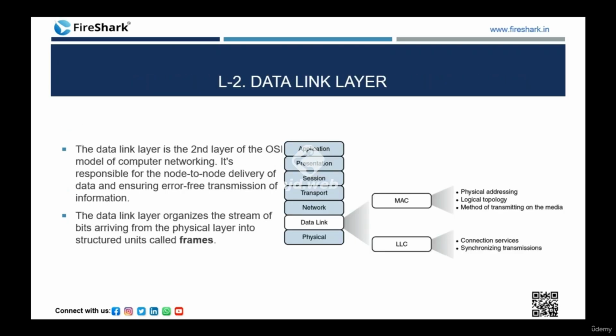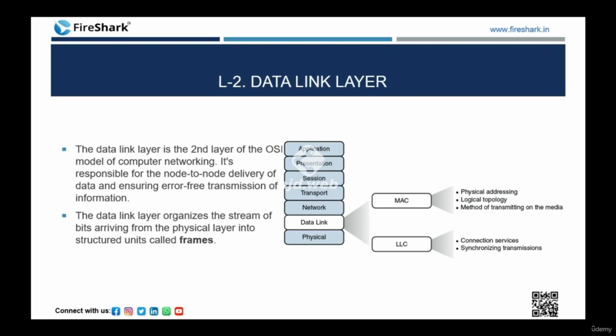Okay, now the next one is the data link layer. This is the second layer of the network model. It's responsible for node-to-node delivery of data and ensuring error-free transmission of information. In this layer there are two sublayers, which are MAC address and LLC. Through the MAC address, it handles physical addressing, logical topology, and the method of transmitting on the media, and the LLC handles connection services and synchronizing transmission.